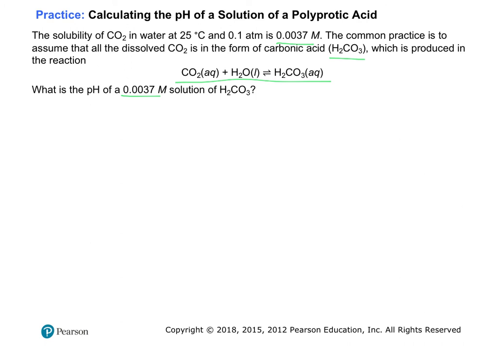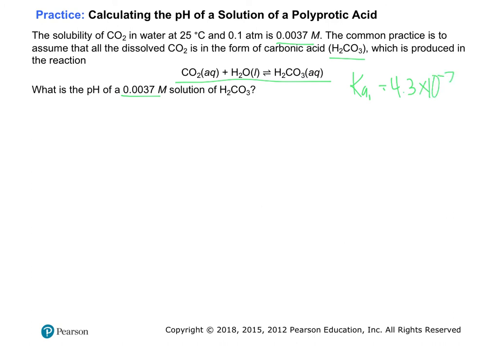So we can keep in mind that carbonic acid has 2 Ka values, and we need to compare them. So the first Ka for carbonic acid, we'll call it Ka1, is 4.3 times 10 to the negative 7.